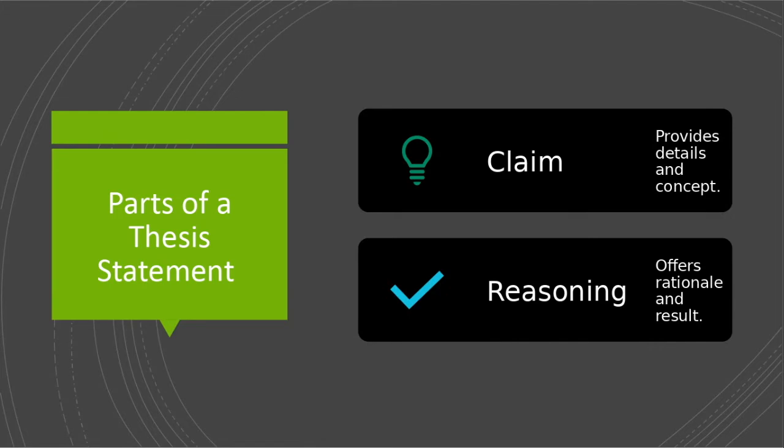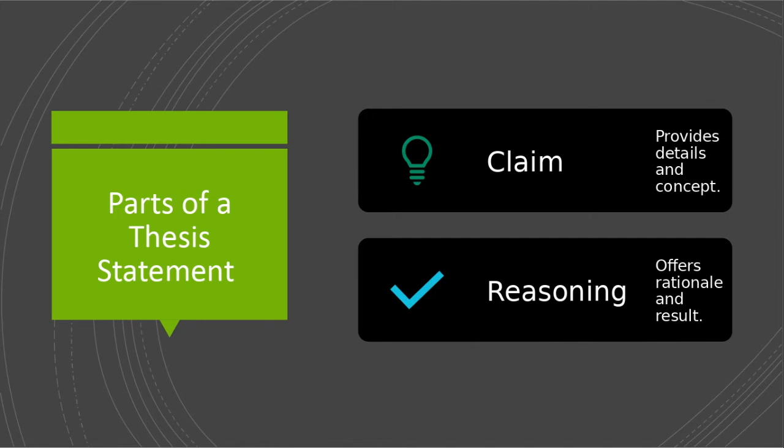The claim should definitely include the concept, the conclusion, the argument you've come to and that you're going to explain through the rest of your paper. So it's a short statement of that conclusion that you're trying to help other people understand.